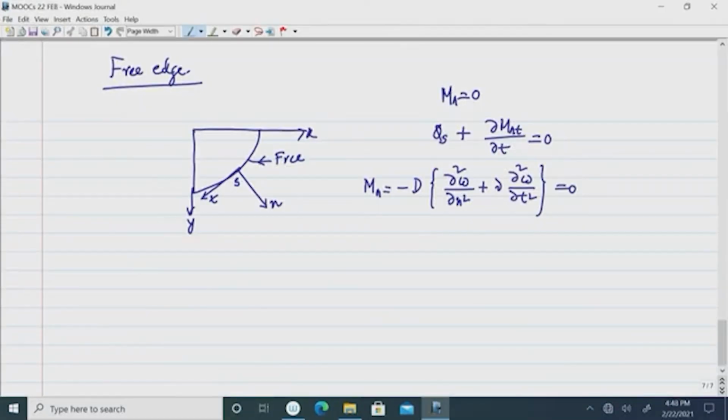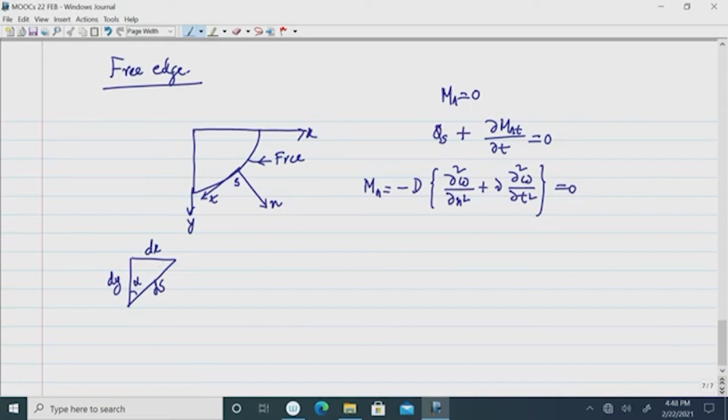Achha. Now, if I see an element, this is d x, this is d y. Now, here I am calling it d s whatever may be, and this angle is alpha. Okay.